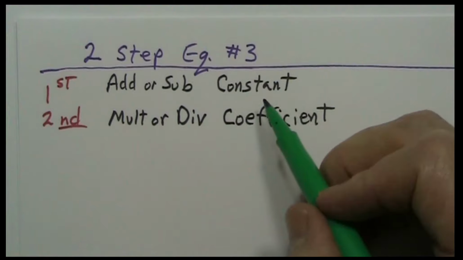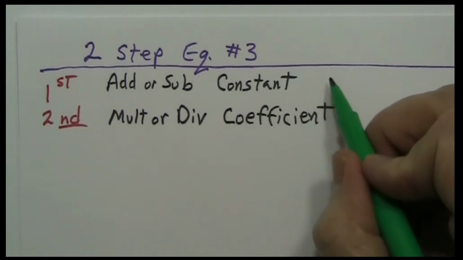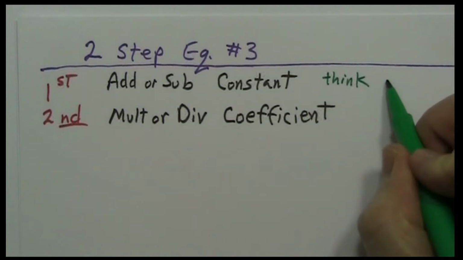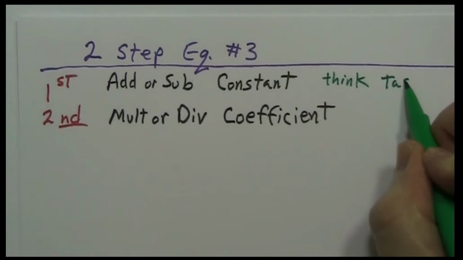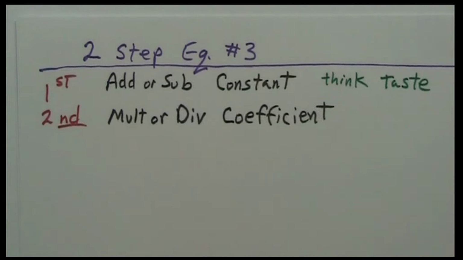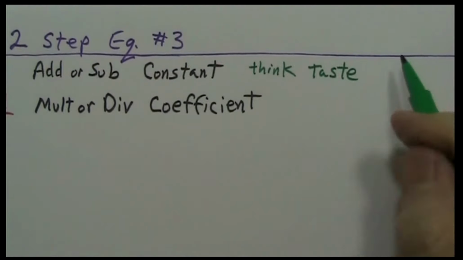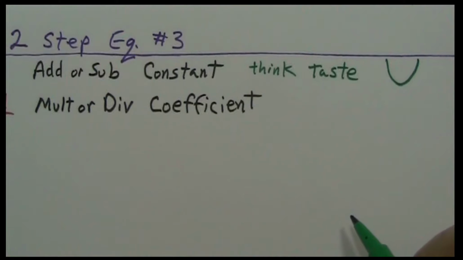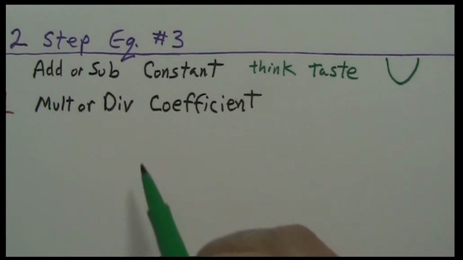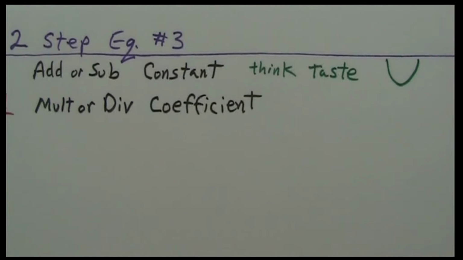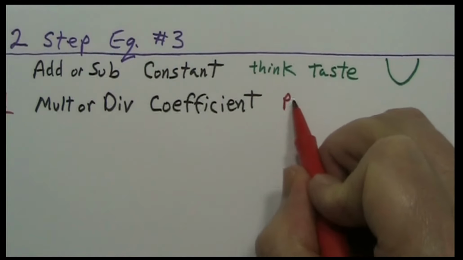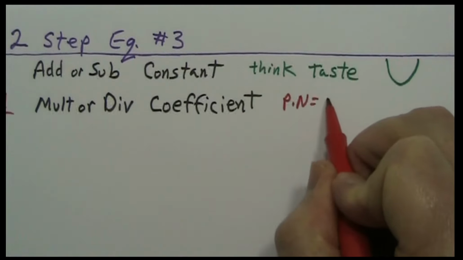And just to help you remember, when adding and subtracting, think taste. T-A-S-T. Think taste, on your tongue. Positives and negatives. Now when multiplying and dividing, if you have one negative, the answer is negative.